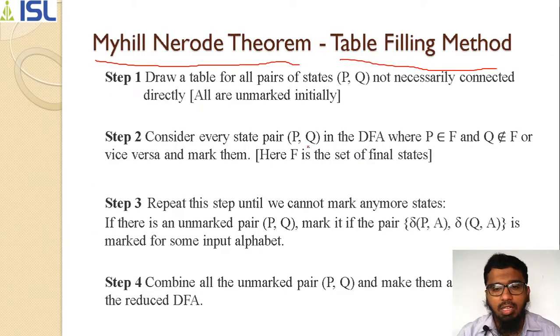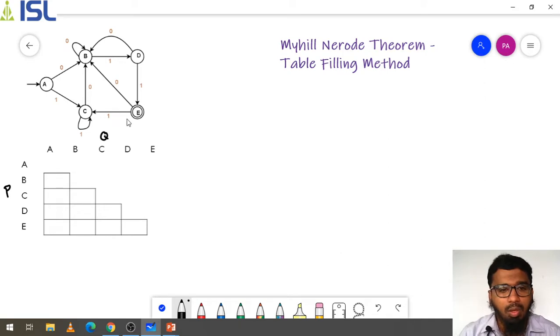So the second step is very important. P belongs to F or Q belongs to F, meaning one of the states should be a final state and the other a normal state. There should not be both final or both normal. Let's check.